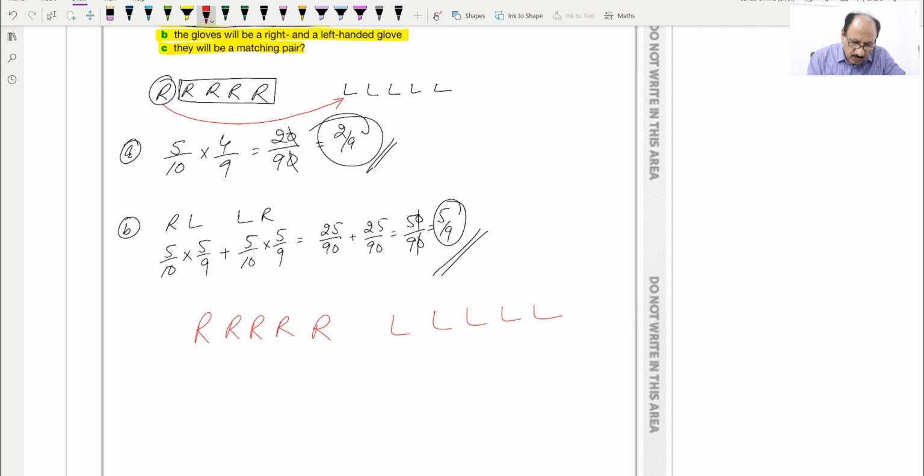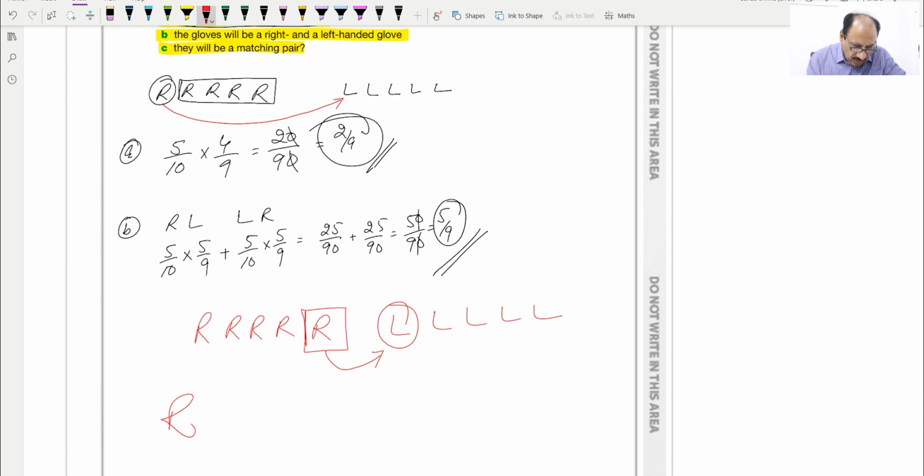So only this one, if we are taking, this will be what? They are saying they will be a matching pair.